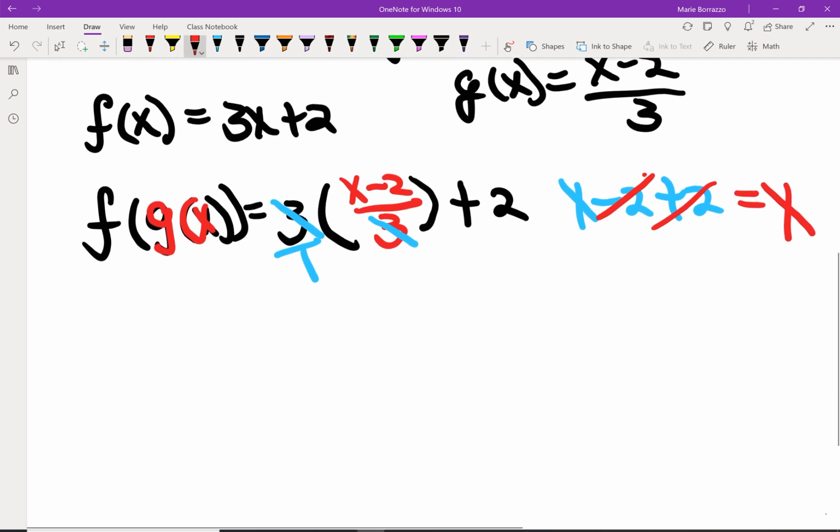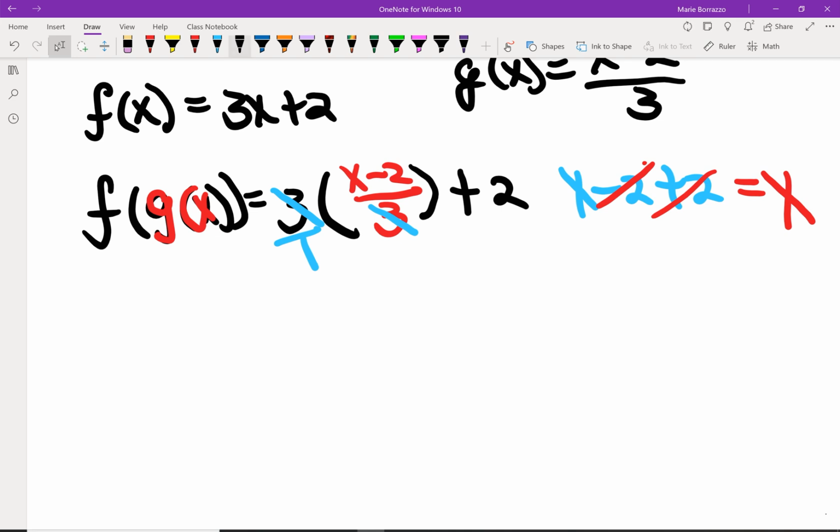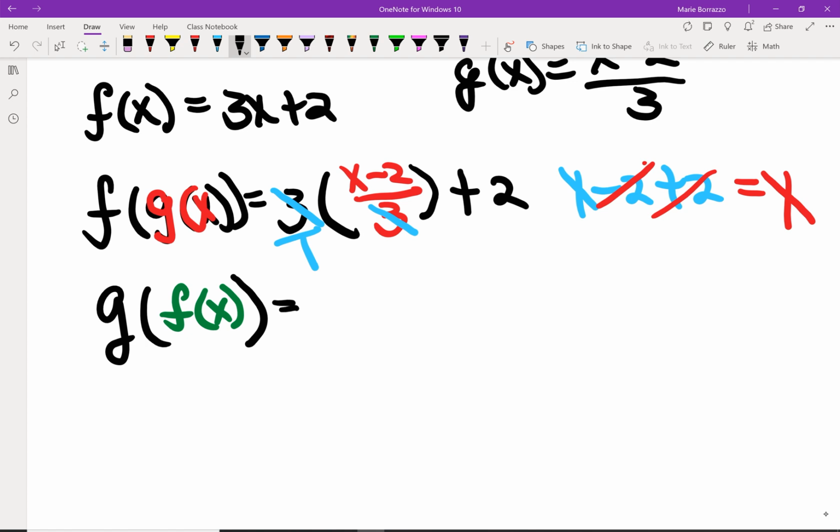So the second thing we do, given this information, is g of f of x, and I'll do the f of x in green. So g of f of x, and we're trying to prove that it equals x. Remember, that's our definition. I'll start with the parentheses, 3x plus 2, and the rest of the g function is the negative 2 over 3.